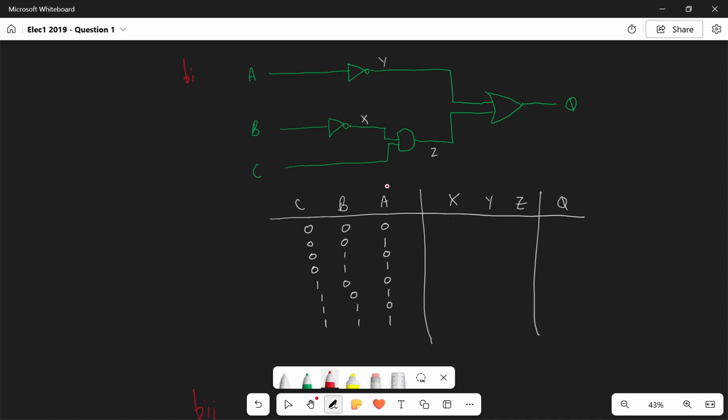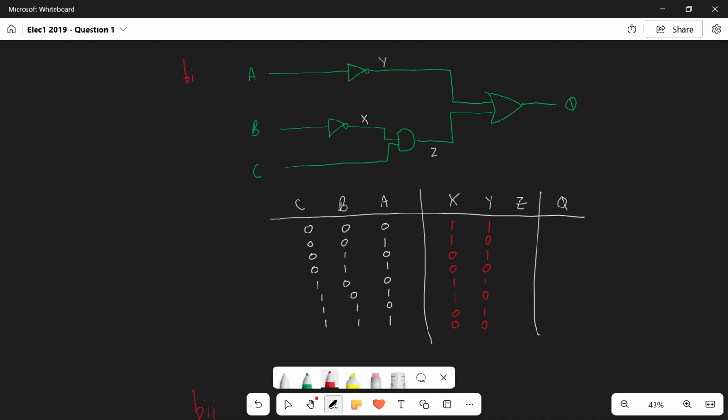So all we're going to do is just invert B. So it's going to be 1, 1, 0, 0, 1, 1, 0, 0. For Y, it's the NOT of A. So it's going to be 1, 0, 1, 0, 1, 0, 1, 0.